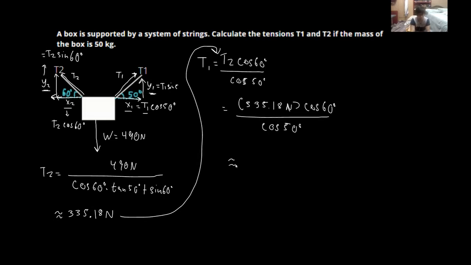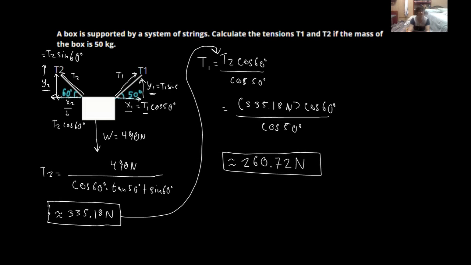So we have 305.18 times cosine 60 all over cosine 50. There was a syntax error, but approximately this is 260.72 newtons. And there you go, our problem is finished because we now have the solution and answer.